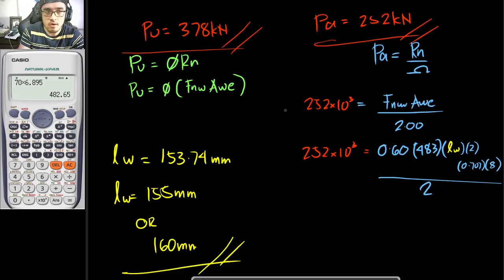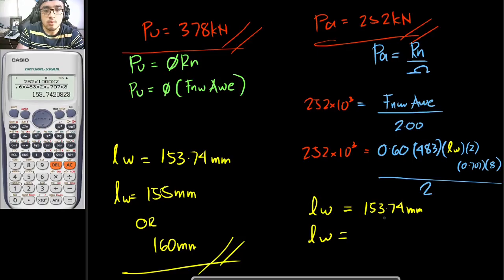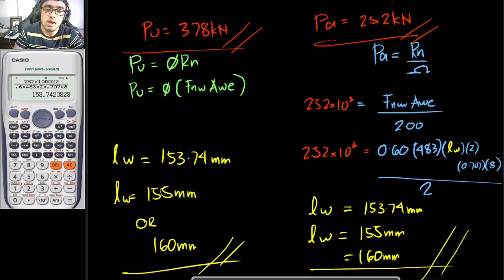Now solving for the unknown Lw, this is equal to 252 times 1000 times 2 divided by 0.6 times 483 times 2 times 0.707 times 8. So it is very similar with our answer here, which is 153.74 mm. So from that, we can conclude that the length of weld that we would be using is 155 mm or 160 mm. This would be chosen by the designer.